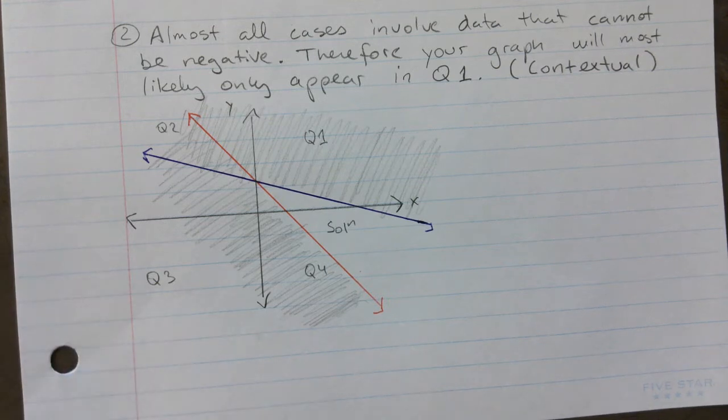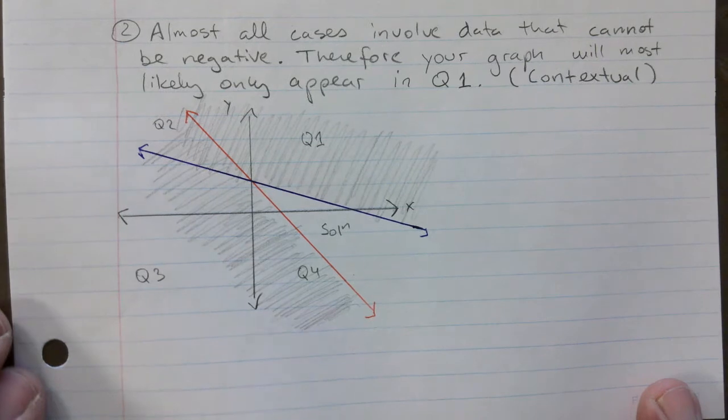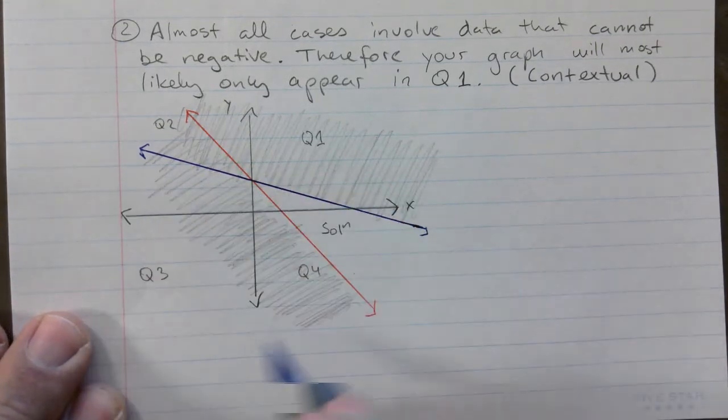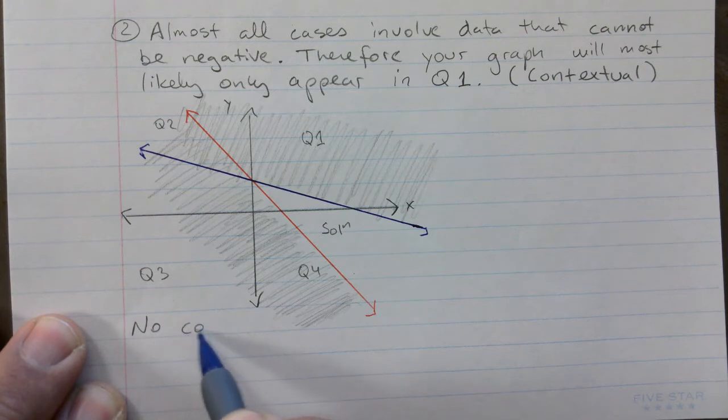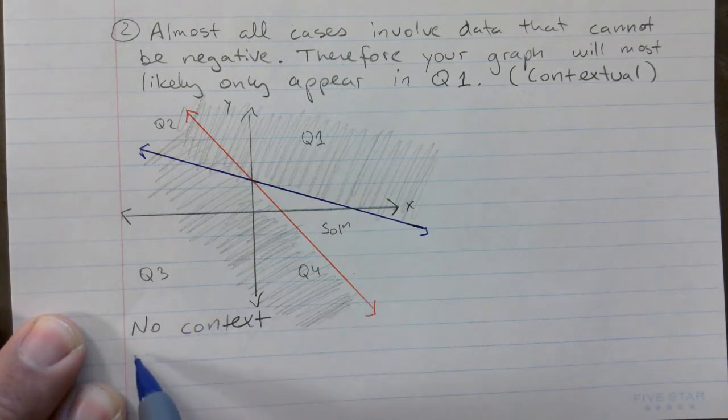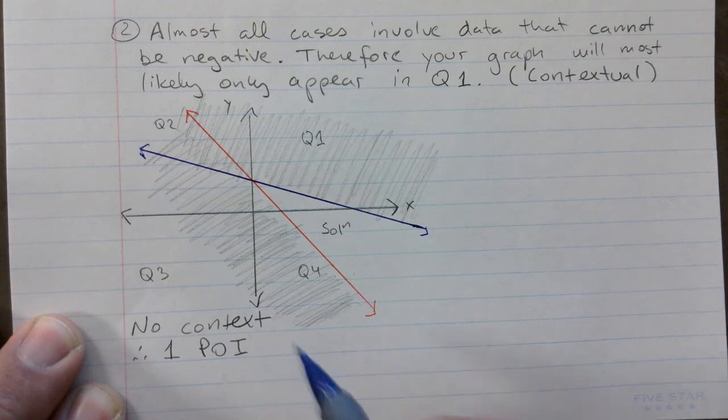If you look at that right now, how many corner points do you have here? Just one, right? So in this particular case, there's no context here, okay? No context, right? Therefore, only one POI, or corner point.